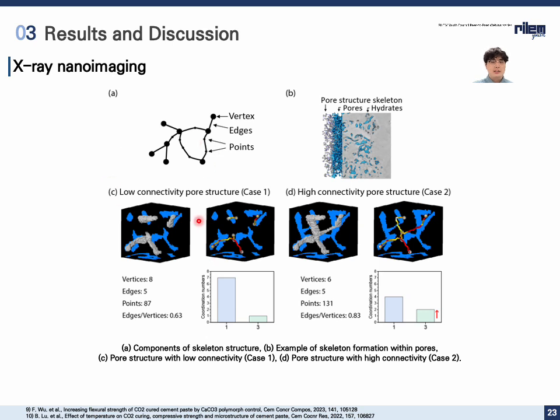In case 1, you can see the low connectivity structure with fewer connections and a low edges-per-vertices ratio. In contrast, in case 2, the highly connected structure has a high edges-vertices ratio, indicating more continuous and stable pore pathways. So this structural quantification allows direct comparison of connectivity levels between different samples.